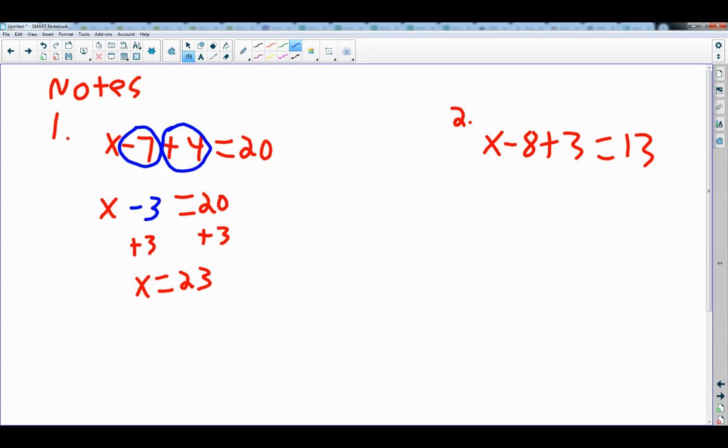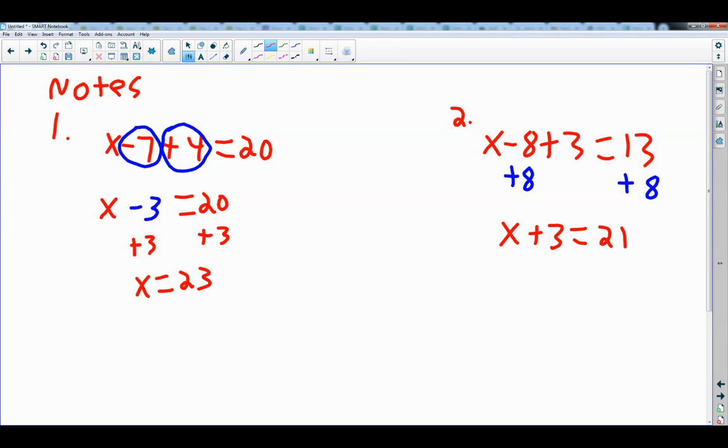So we're going to eliminate negative 8 and positive 3, but instead of combining them, we're going to add or subtract them over one at a time. I'm going to start with the negative because we want to get rid of negatives.